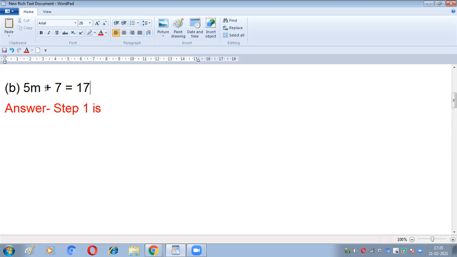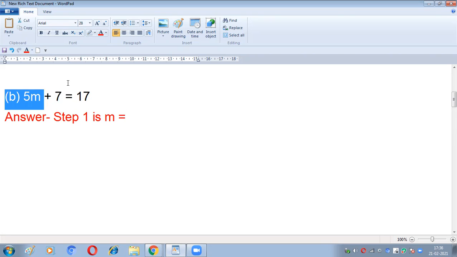So if plus 7 will move or shift to the right hand side, this will be minus 7. So step 1: here the variable is m, so m is equal to, here is plus 7. So first we will shift plus 7 to minus 7.